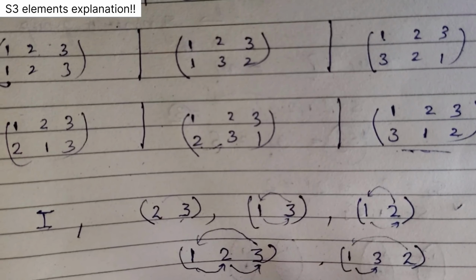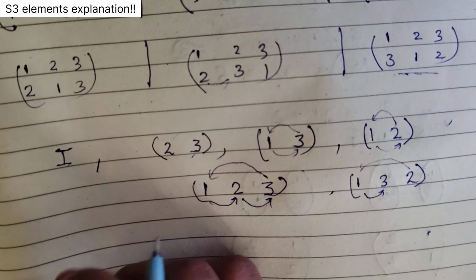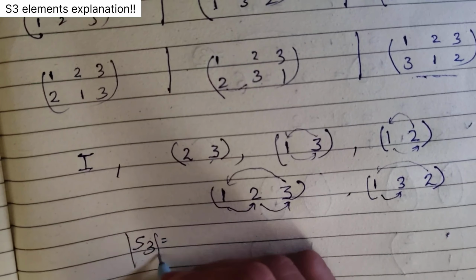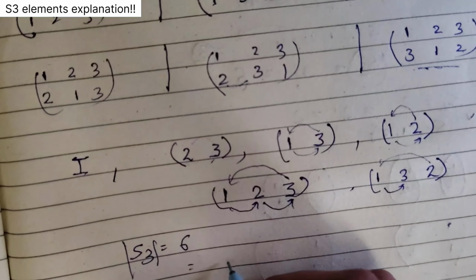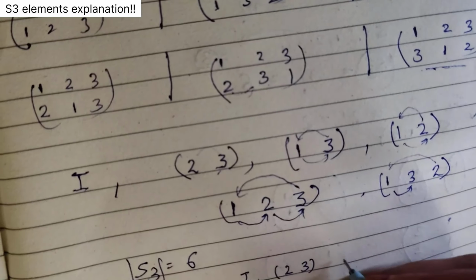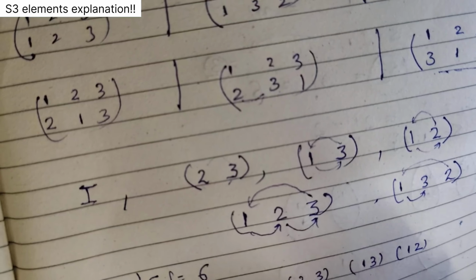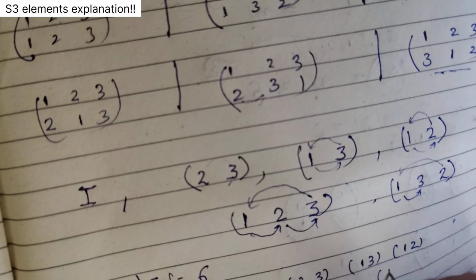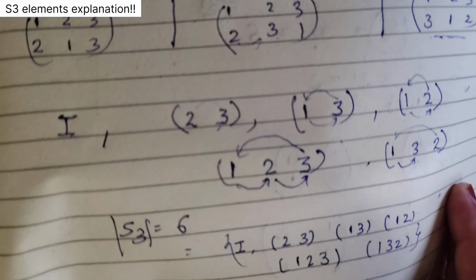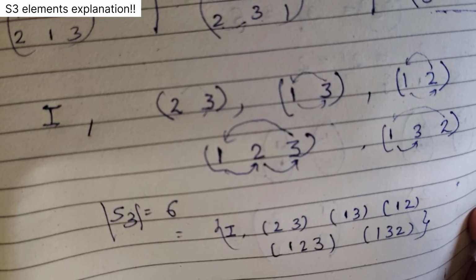So basically in S3 we get 6 elements. Let me write it clearly. The order of S3 is 6 and it has the elements: identity, (2 3), (1 3), (1 2), (1 2 3) and (1 3 2). These are the only possible elements in S3.